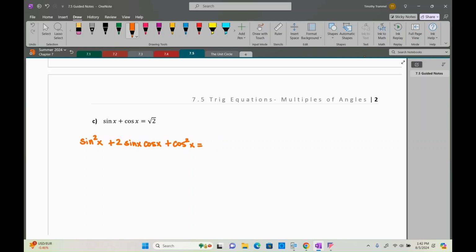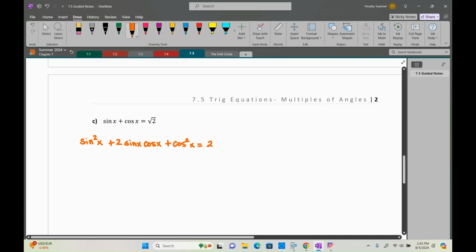Remember, we're FOILing here. And then on the right, when you square the square root of 2, you just get 2.